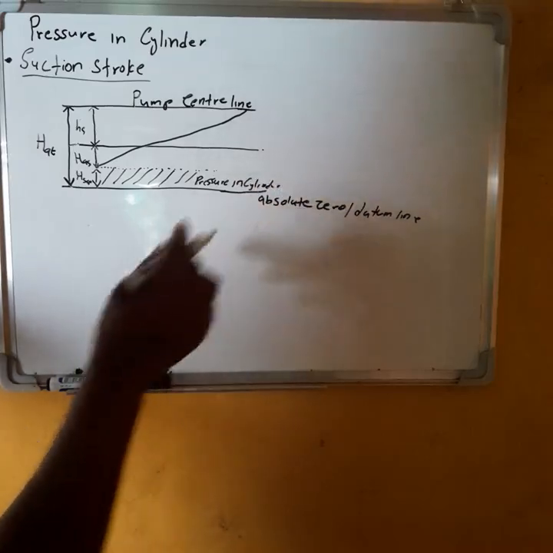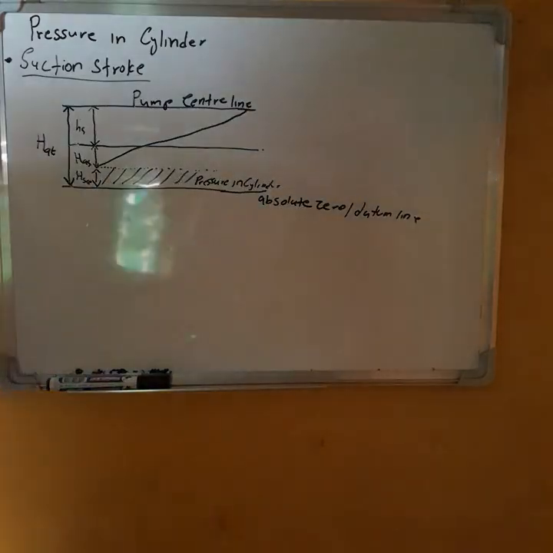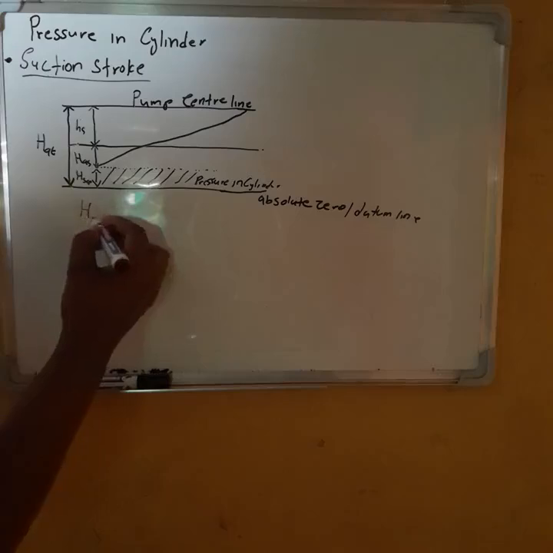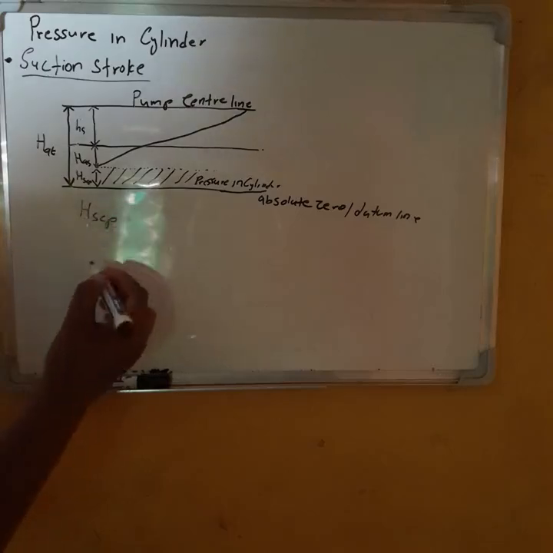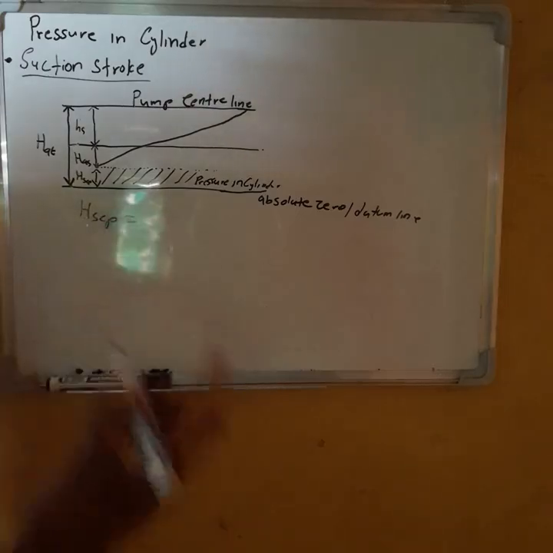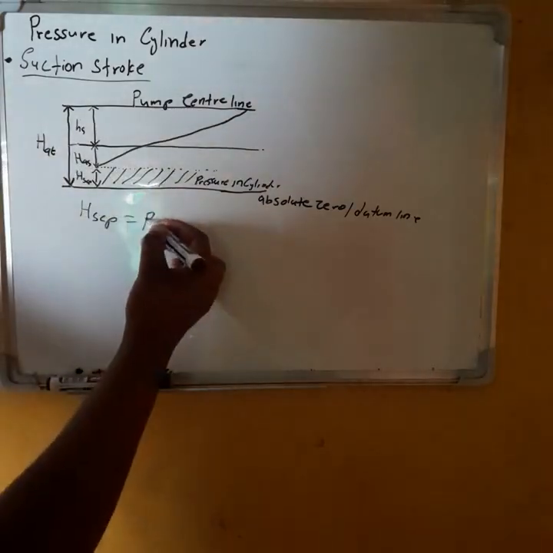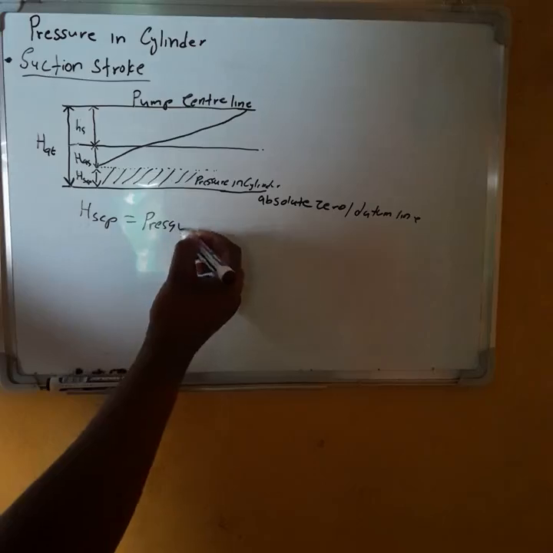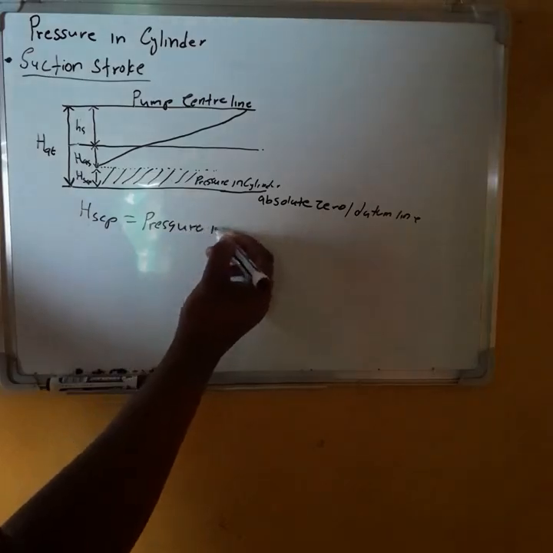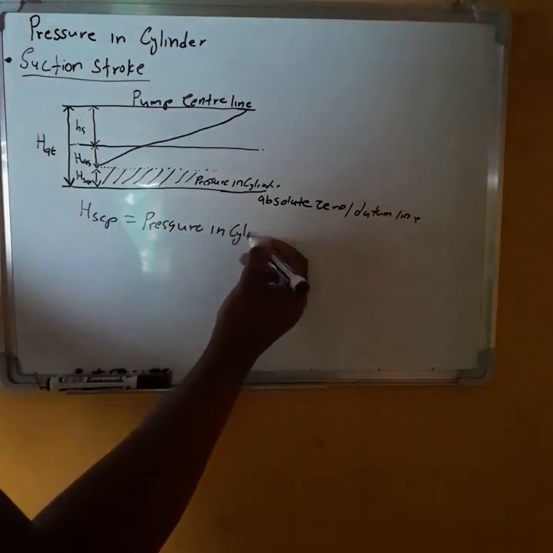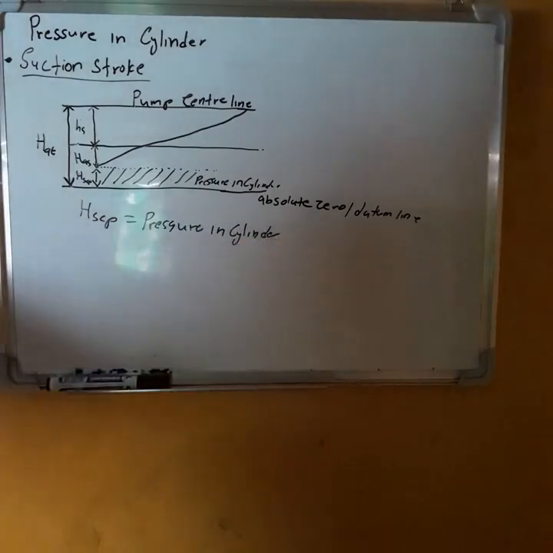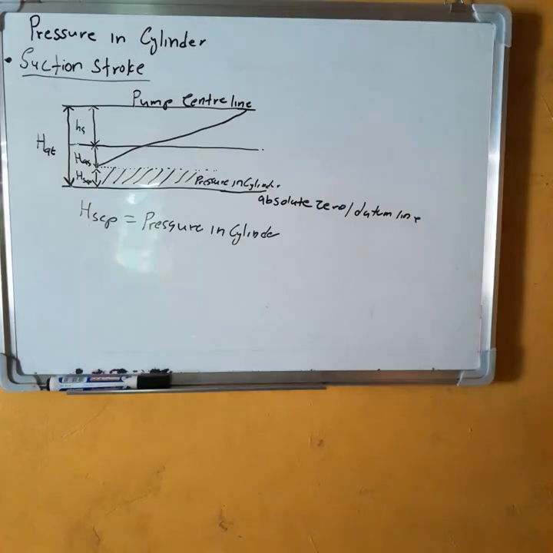This is the pressure in the cylinder. This portion, that means H separation, must be equal to what? The pressure in the cylinder, right? The H separation must be equal to the pressure in the cylinder, because they are on there.